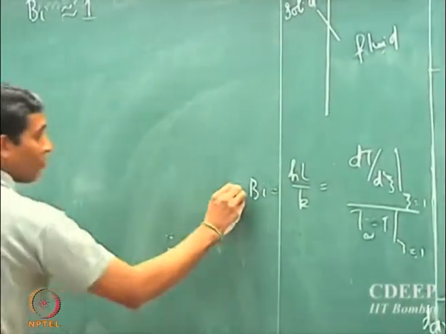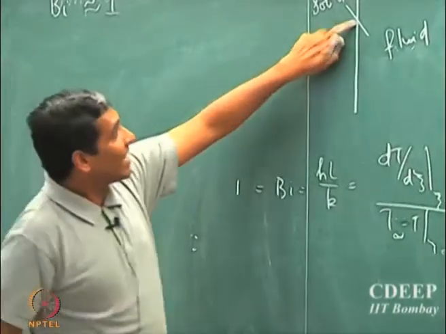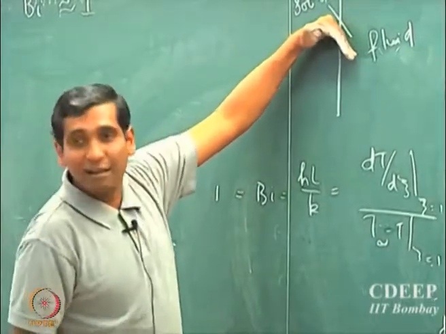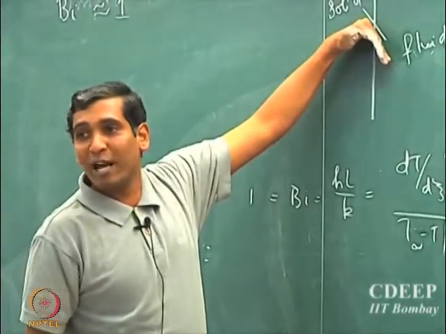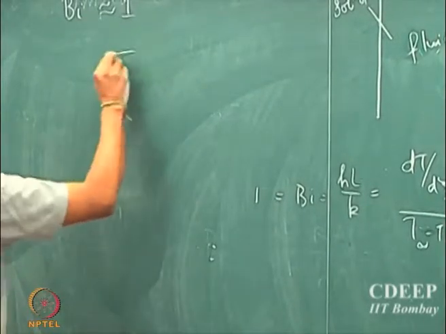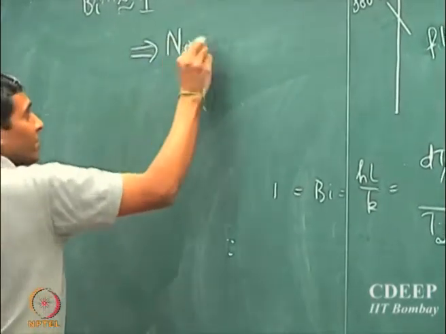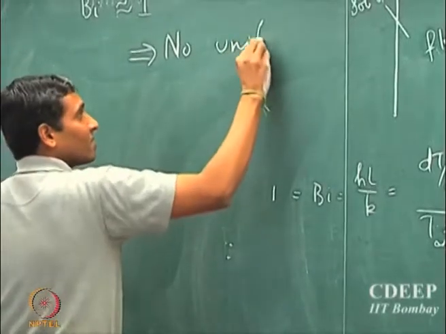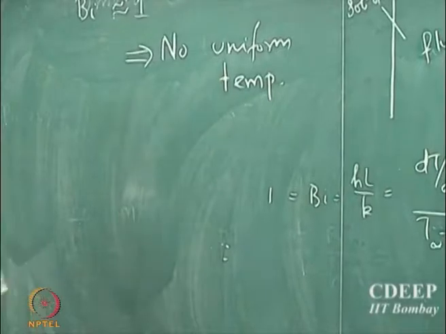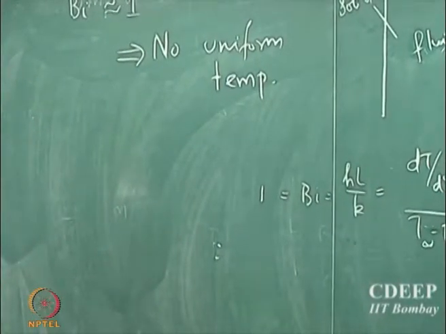When Bi is equal to 1, it means that the temperature gradient in the solid at the boundary and the temperature gradient outside the boundary will be equal to each other, which simply means that no uniform temperature can be assumed. You cannot assume uniform temperature inside the solid.